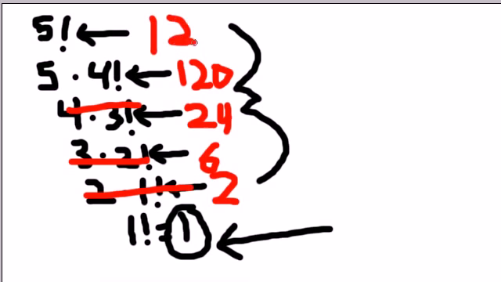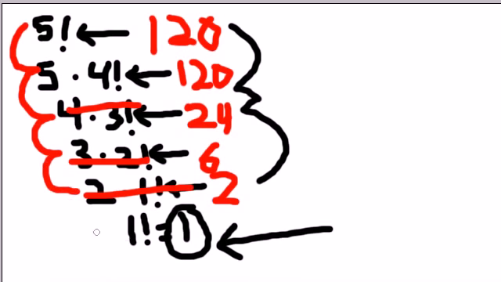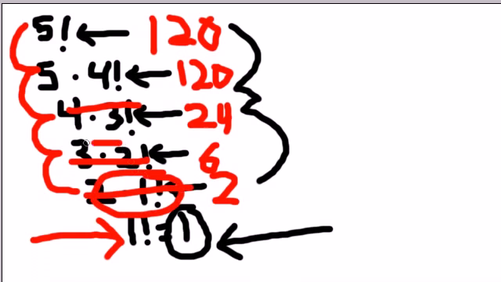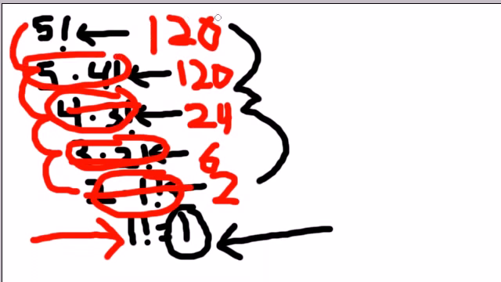So what it's doing here is it's trying to solve itself, but it's storing what it doesn't know in memory, and then when it finally finds a number that it can work with, it tracks through all of the numbers again and steps its way back up until it can finally solve its problem. So I know it kind of sounds confusing, but this is the easiest way I can explain it.